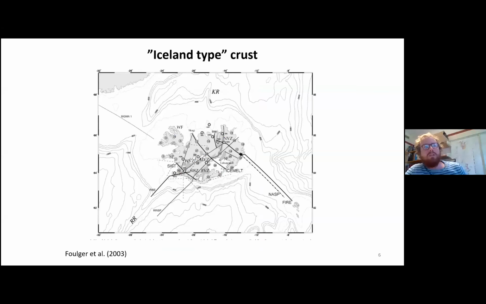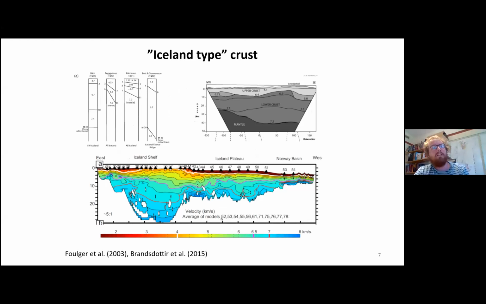From a geophysical point of view, Iceland is also very special because this map is showing the geophysical data set as of 2003, and it is not really straightforward to characterize Iceland geophysically because it is very unlike anything else we know.